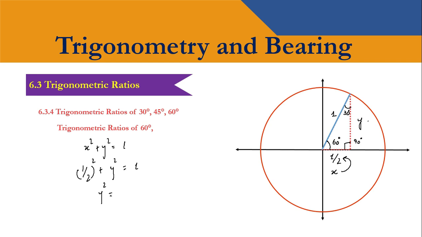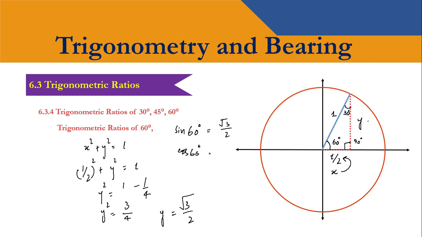So y square is equal to 1 minus 1 over 4, which is equal to 3 by 4, and taking the square root on both sides, root 3 divided by 2. This is the value of y. So you can calculate sine 60 degrees, which is equal to y, root 3 by 2.